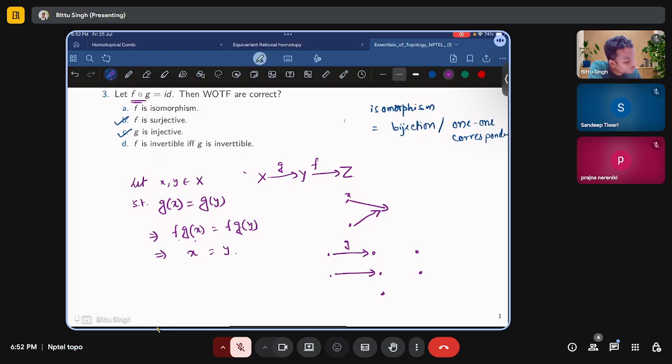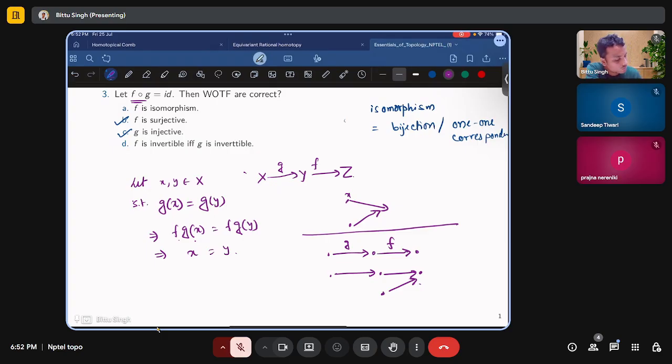Suppose this is G, and X contains 2 points, Y contains 3 points, Z contains 2 points, and the map F is given by sending the first one to the first one, the second one to the second one, and the third one to again the second one. So here you can see that though F is surjective, F may not be injective, right?